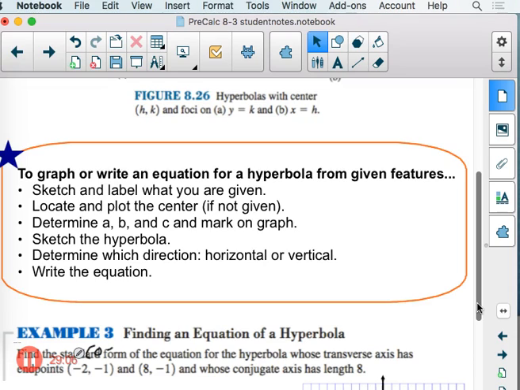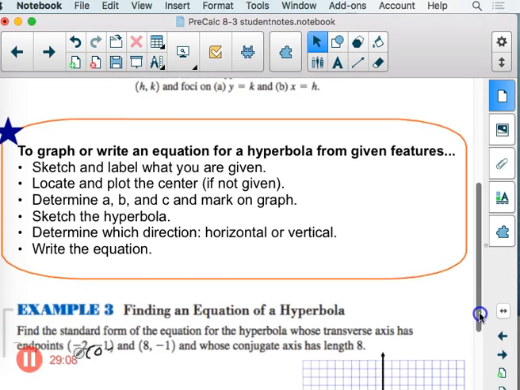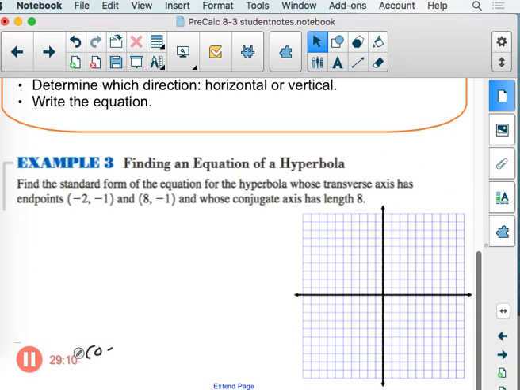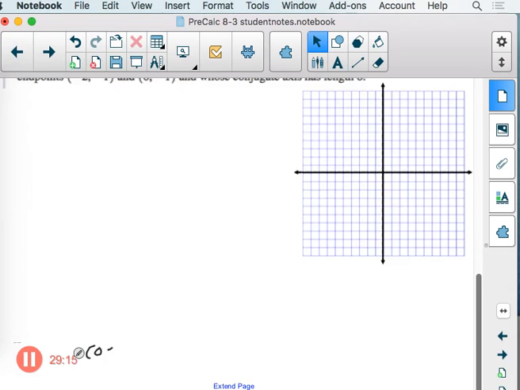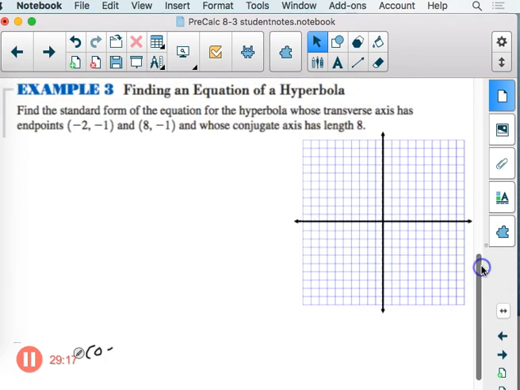So we put all of the things that we did with ellipses into hyperbolas. This one says we're going to find an equation of a hyperbola. Find the standard form of the equation for the hyperbola whose transverse axis has endpoints -2, -1, and 8, -1, and whose conjugate axis has a length of 8.